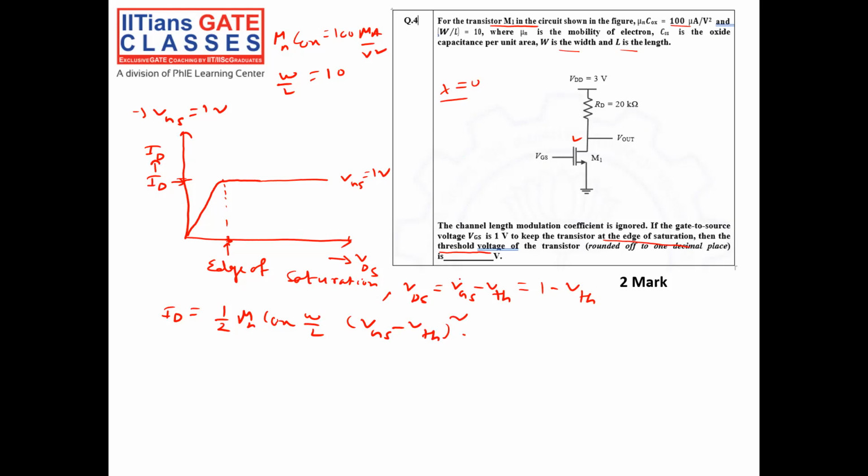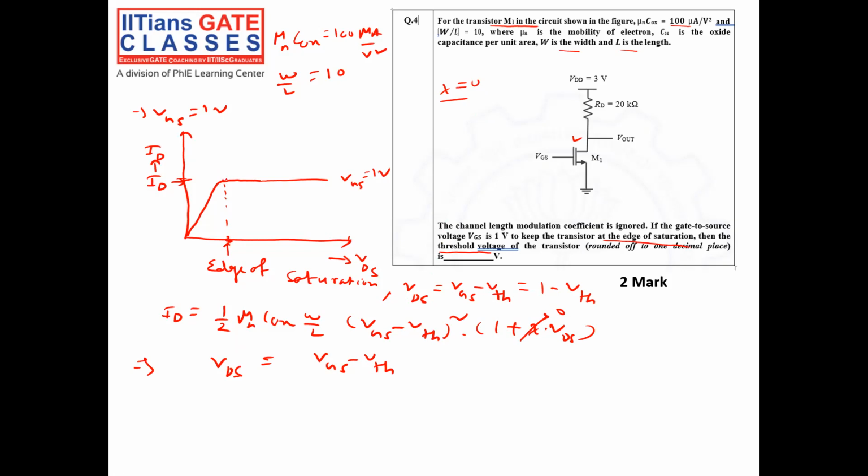Since lambda is equal to 0, I am not putting that part. Here lambda is equal to 0. Now what is the condition of saturation? The condition of saturation is VDS equal to VGS minus VTH. Only at this point, this is the point where it will start saturating.